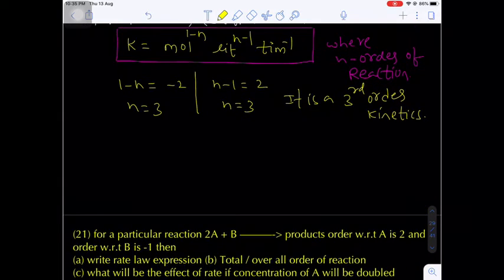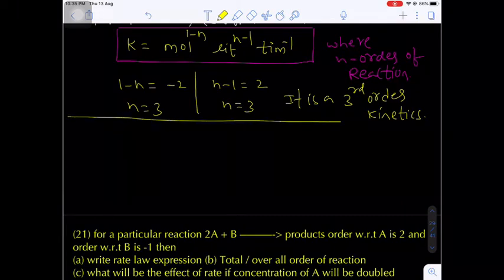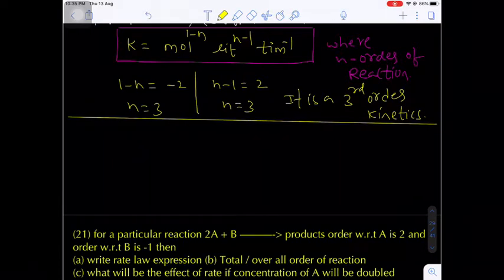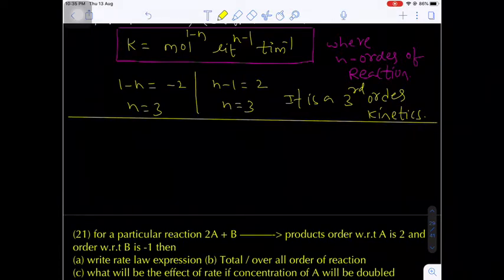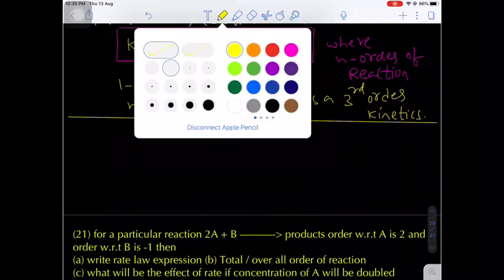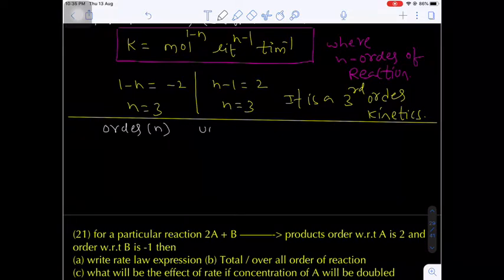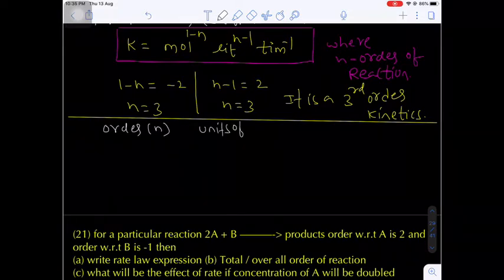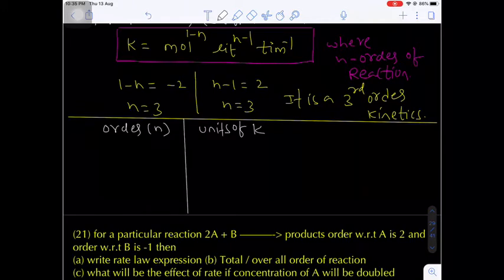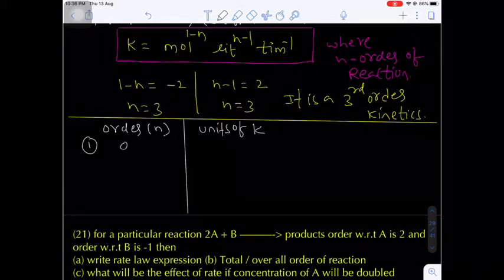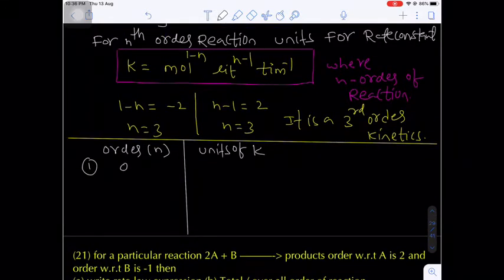Now I am giving one important table regarding the units of the rate constant for different orders of reactions. Here I am taking the order, that is n, and the units of K, that is the rate constant. First of all, zero order, n value 0.